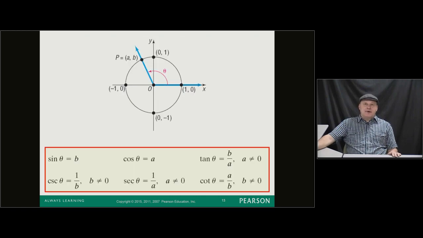If we go back to that previous picture, those points are always going to be defined on a unit circle. You're never going to have something undefined when the sine of theta is just the b and the cosine of theta is just the a, because those numbers are always defined. So as long as they're a point on that unit circle, we're going to be good, and they're going to be defined.